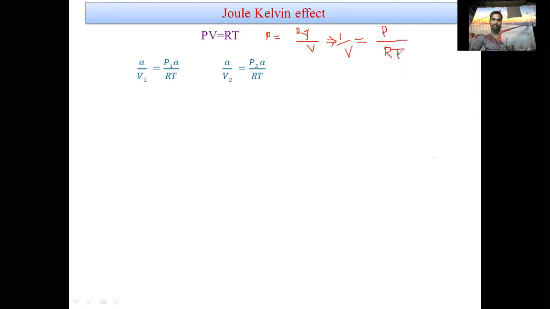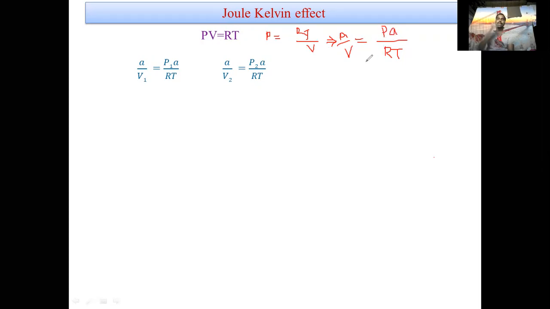Using this equation, we multiply the constant a on both sides, that is a/V = Pa/RT.